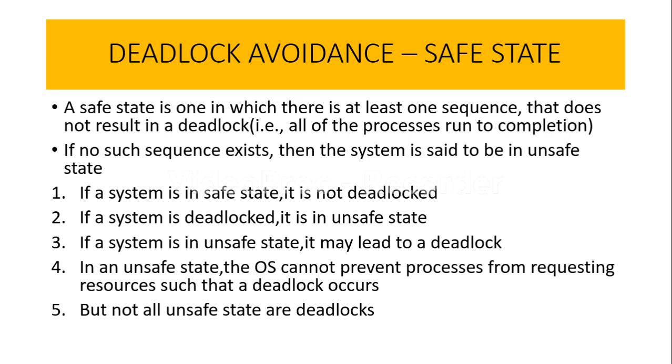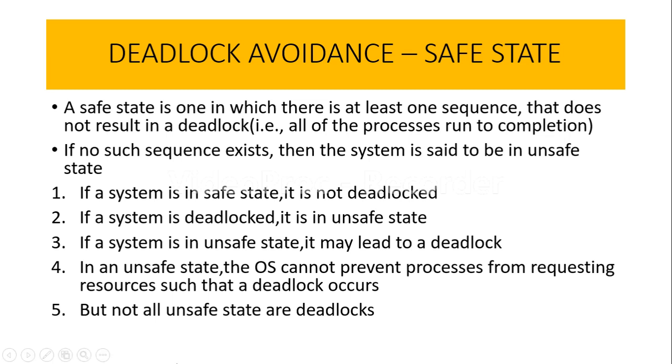If such a sequence exists, then we say that the process is in a safe state, and if no such sequence exists, then we say that the system is in an unsafe state. Unsafe state means it may lead to deadlock.